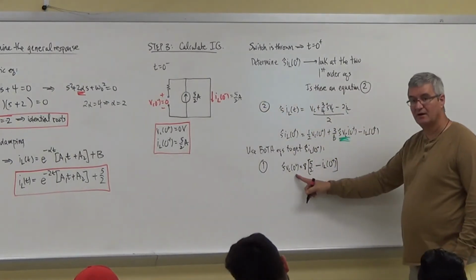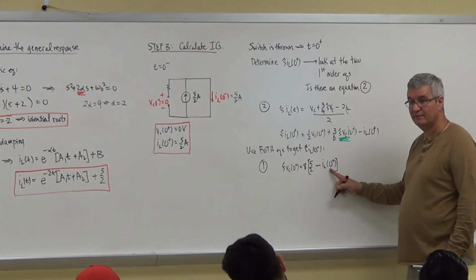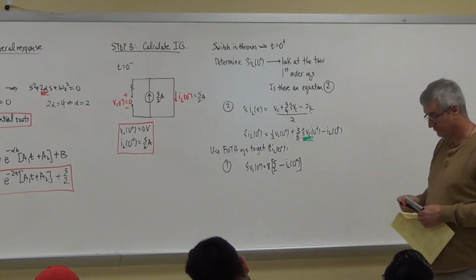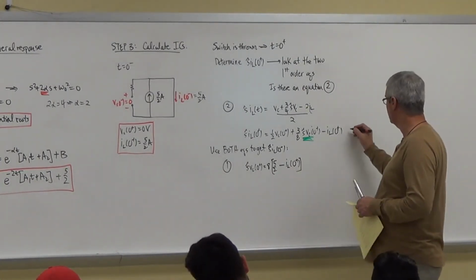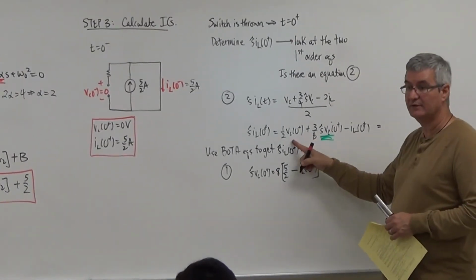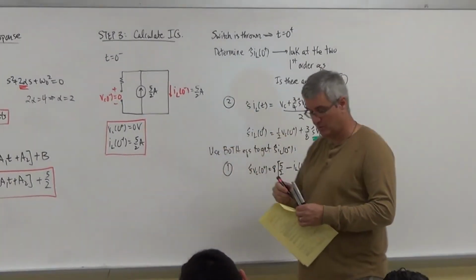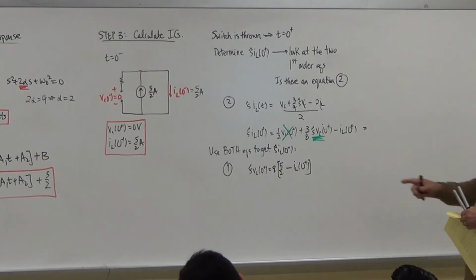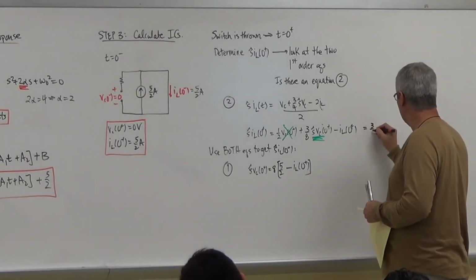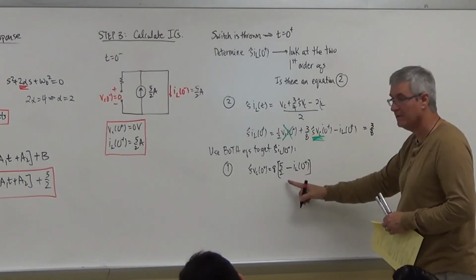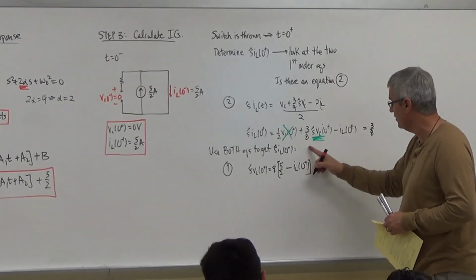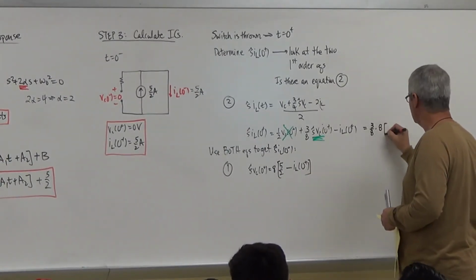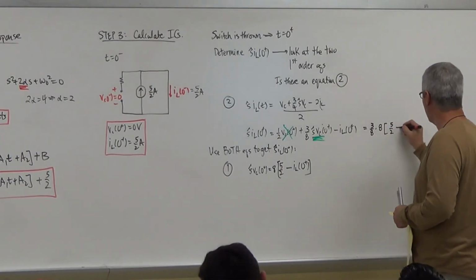So when I look at this, I have this term here. Now, let's go calculate these. For starters, the first term: VC of 0 plus is 0, so that term is gone. Then I get 3/8 times S hat, but no, this is S hat VC, so I'm going to plug this term right into there. Then I get 8 times the quantity 5/2 minus IL.